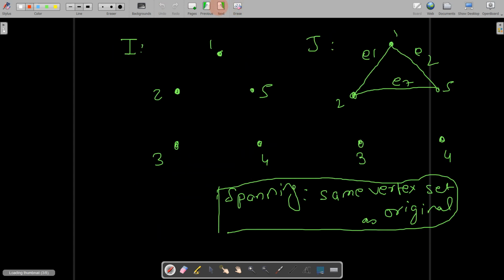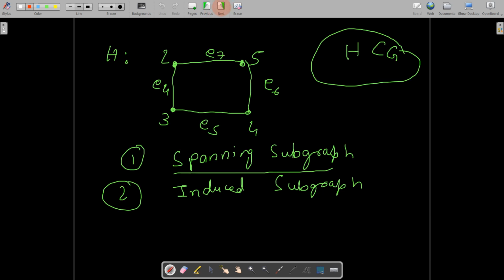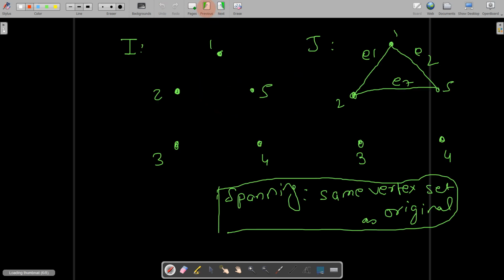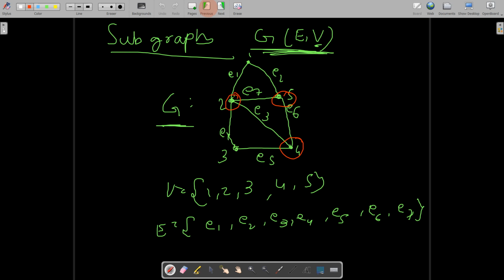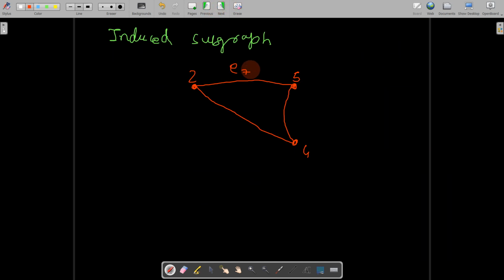So this is an example of an induced subgraph on 2, 5, and 4. Vertex 2, vertex 5, vertex 4 are there, and in between these three, whatever edges are present in the original graph have to be there: E7, E6, E3.